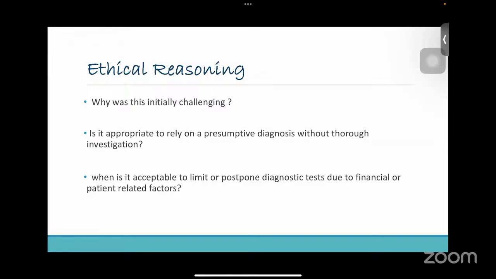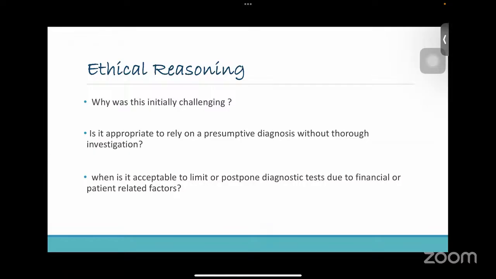So this brings us to very important questions to consider. The first one is: is it appropriate to rely on a presumptive diagnosis without a thorough investigation when symptoms may point to more serious conditions? So probably no, because while a working diagnosis is sometimes necessary, especially in resource-limited settings, it should not replace a full diagnostic process.